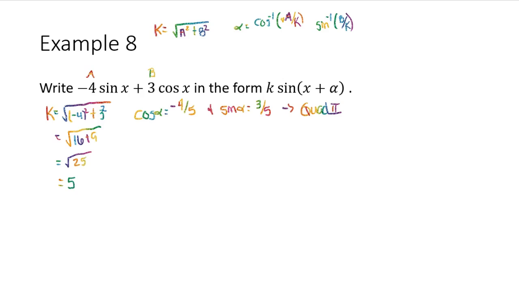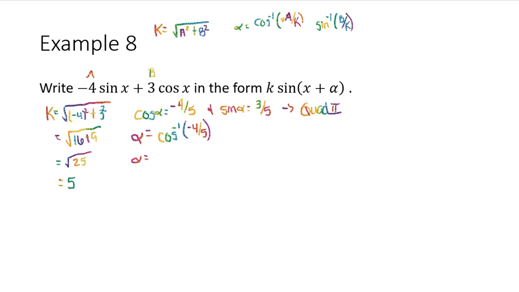To find angle alpha, I'm going to use the cosine because the inverse cosine is restricted to quadrants 1 and 2. If the cosine of alpha is equal to -4/5, that means the angle is equal to the inverse cosine of -4 divided by 5. We're going to have to round this. Make sure your calculator's in degrees, by the way.